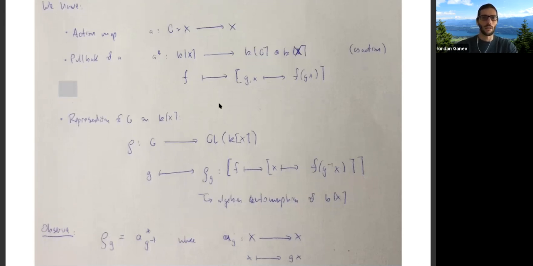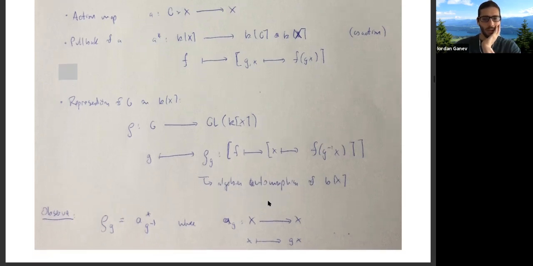So we had the act by the whole group map, but if we take a little g, then we have this: the restriction of A to the singleton G cross X to X. And if we take the associated algebra homomorphism, that's related to rho of G by taking the inverse here. So we have to have G inverse.